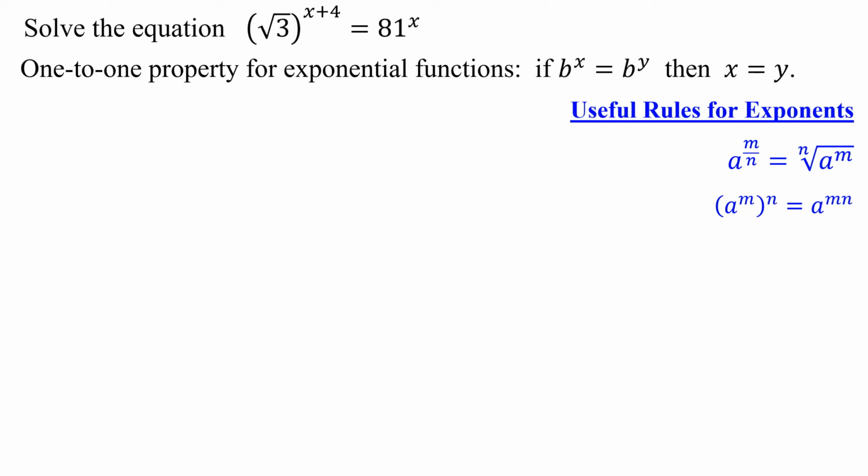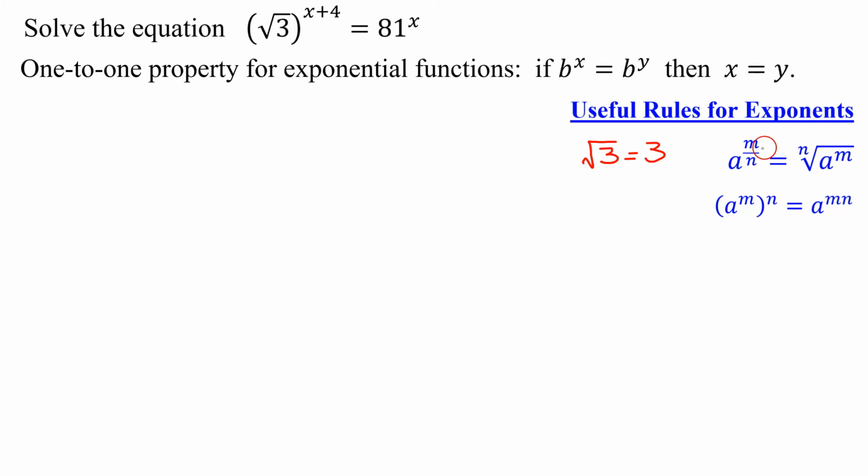And here are some useful rules for exponents that are going to help me do that. And now let's look at the square root of 3. I need to write that as a fractional exponent. I need it as 3 raised to a fraction. So the nth root of a to the m is a raised to the m over n.